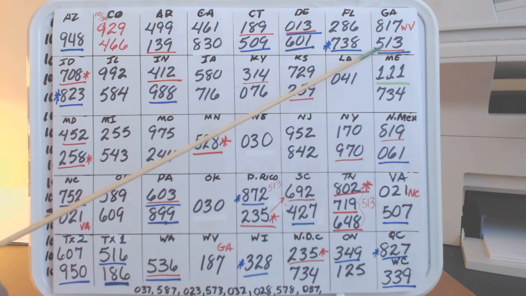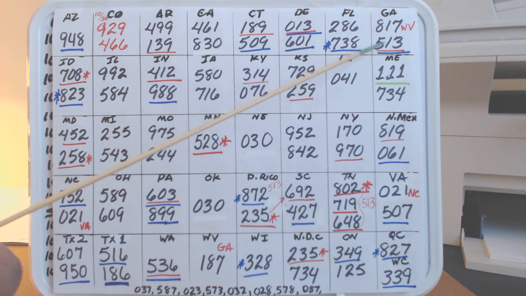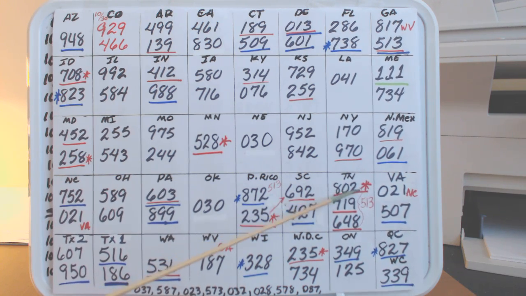Now, with Georgia, your 513 is connected to the 871. When you do your rundown on your 513, you're going to find your 872 exactly in this order. Now, the 513 also, for Tennessee, is part of this group, the 802.